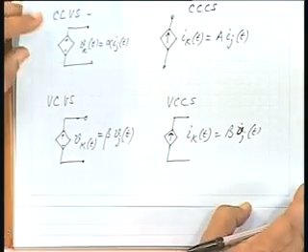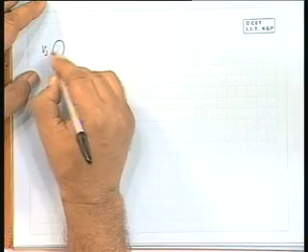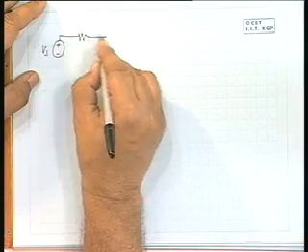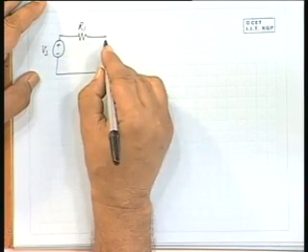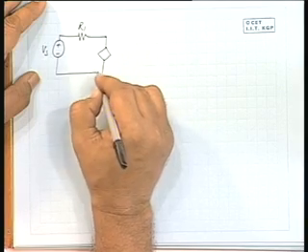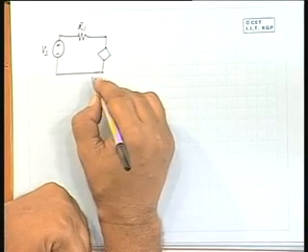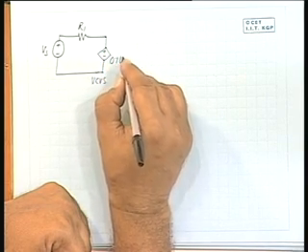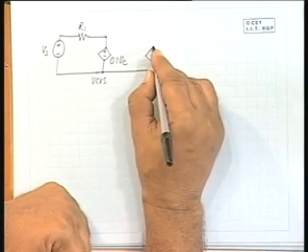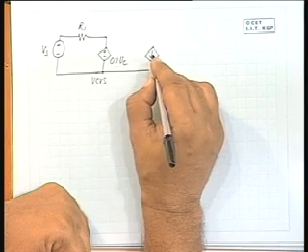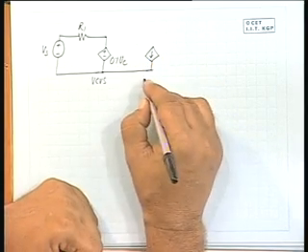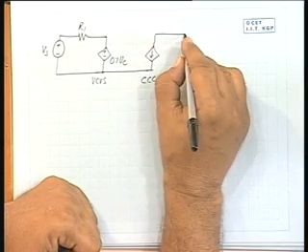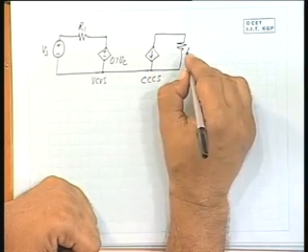Let us have a small numerical problem. Suppose you are given a voltage source Vs connected to a resistance R1, and you are having a controlled source VCVS whose voltage is 0.1 times Vc, and you are having another source, a current source, dependent current source CCCS, sending a current through resistance R2.